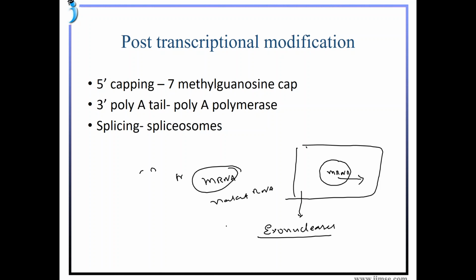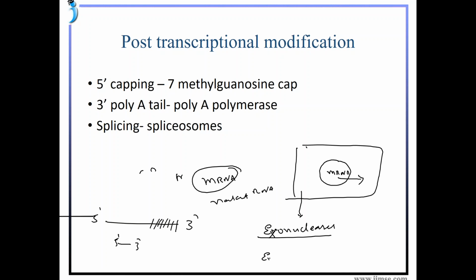So we'll see what is the difference, what exonucleases are. If this is your, either it can be a DNA strand or your mRNA strand, what these exonucleases do is, they directly go and start chopping off your nucleotides. So what happens to your strand? It will be getting shortened and shortened due to this activity. So you should protect your new mRNAs from this.